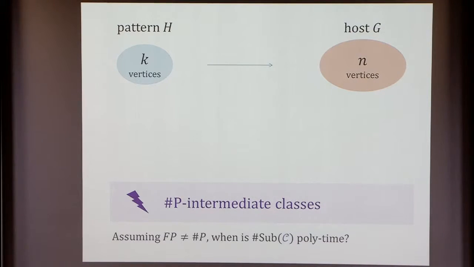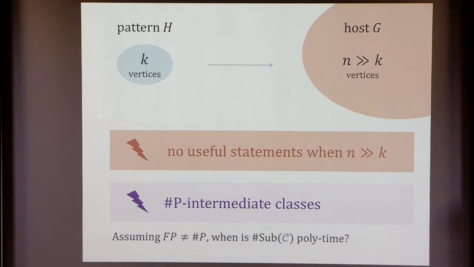But, I mean, this kind of gives us a theoretical problem, but from a more practical point of view, there's another problem with this model, namely, we cannot make reasonable statements when the host graph is supposedly much larger than the pattern graph. So for each fixed pattern, you get a polynomial time algorithm. If the pattern grows very slowly, let's say like log n, you get these quasi-polynomial time algorithms again.